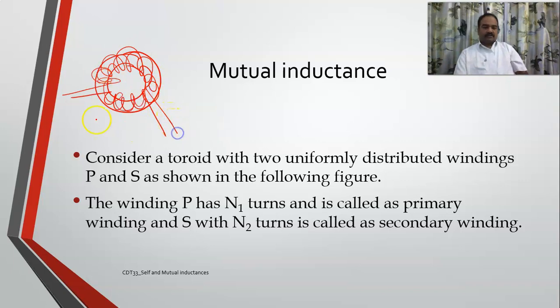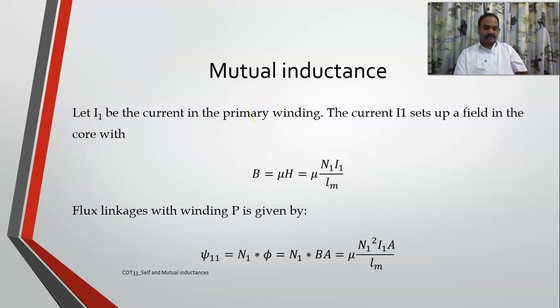Now there are two coils, P and S. Let us suppose S has N2 turns, whereas P has N1 turns. One is called the primary winding, the other is called the secondary winding. I'll name them as primary and secondary winding, as we have discussed in the case of mutual inductance.